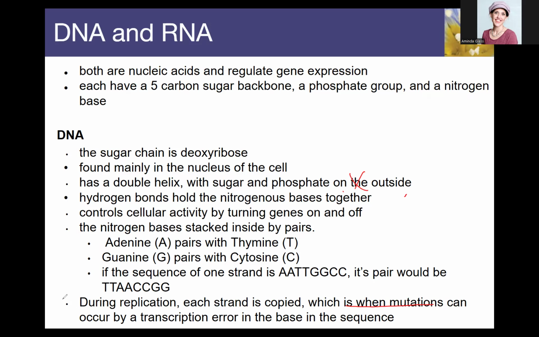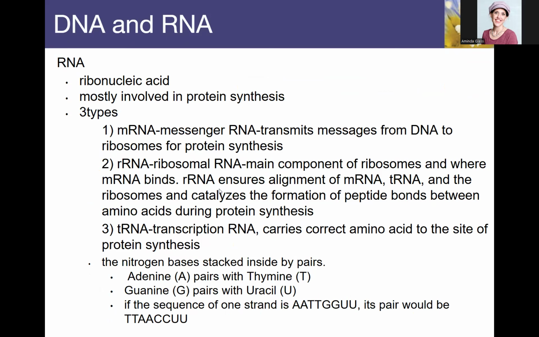That happens sometimes whenever you're copying something down, like taking notes. This happens when DNA is being replicated as well. And if that happens, that's whenever you get a gene mutation. Like I said, we do have an editing system in our replication process, but sometimes it misses things.